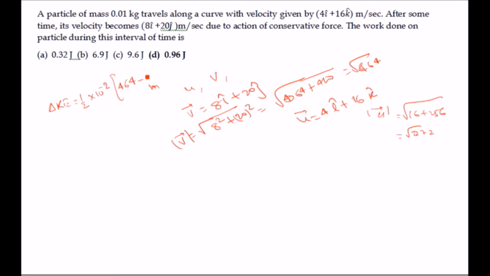So 464 minus 272 is 192, and the value comes to 96 into 10 to the power minus 2, that is 0.96 joule. So the change in kinetic energy is equal to 0.96 joule, and it must be equal to the work done by the conservative force during this interval of time. So the answer will be 0.96 joule. If you see the options, the answer will be D.